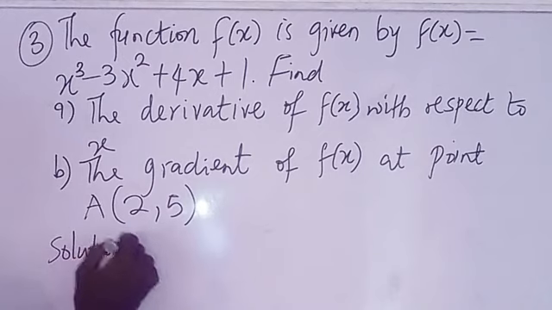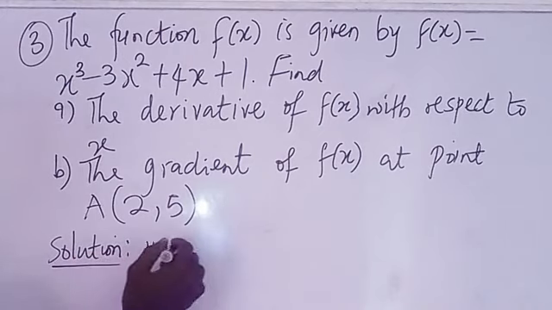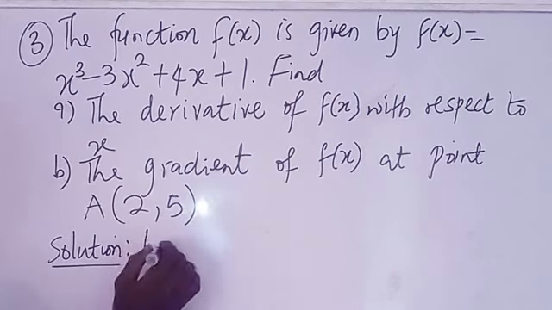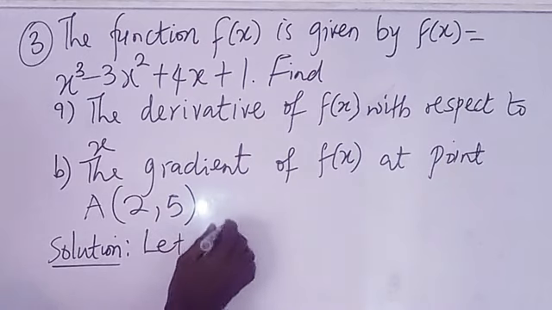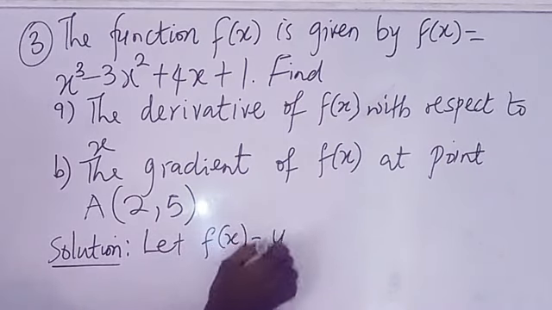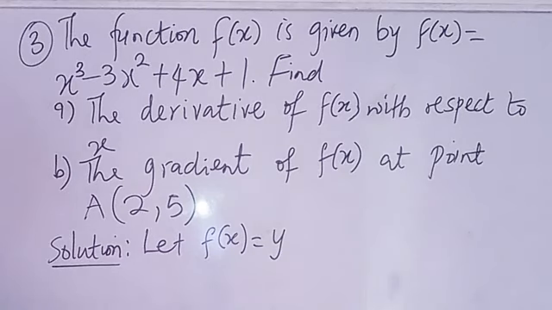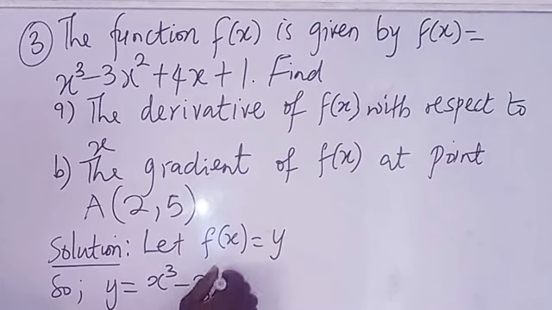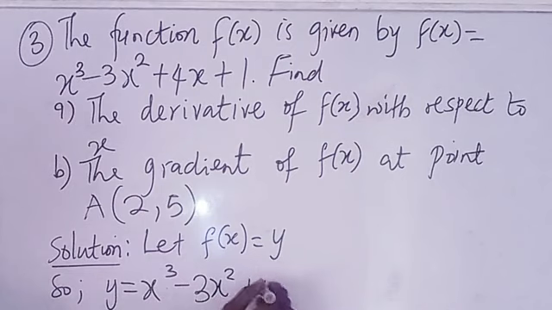Now I'm going to let f of x be written as y. So we're going to see that y is going to be the function given to us, x cubed minus 3x squared, then plus 4x plus 1.